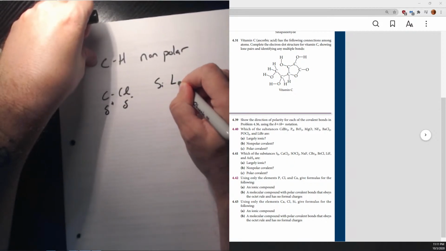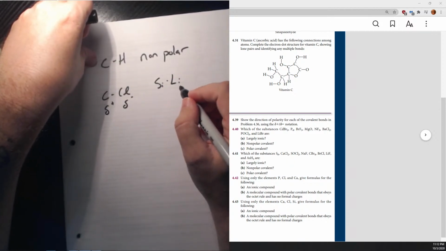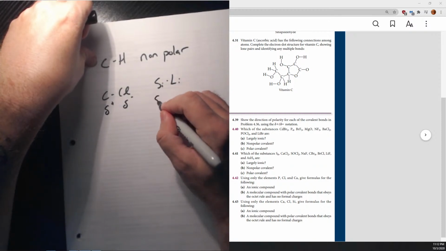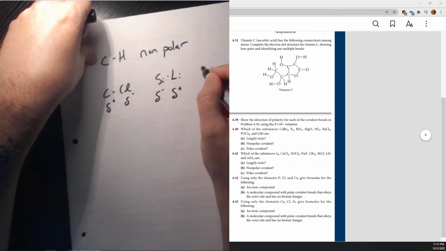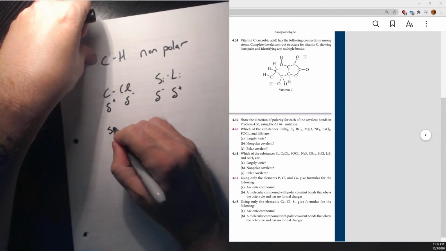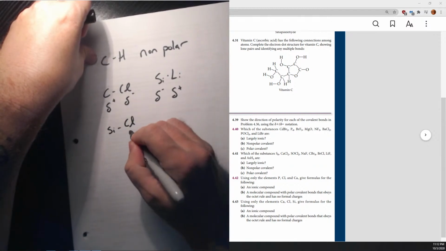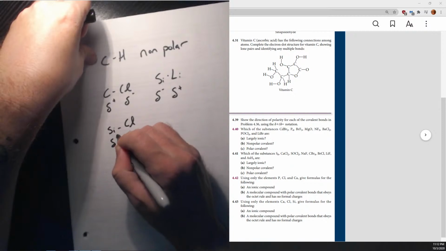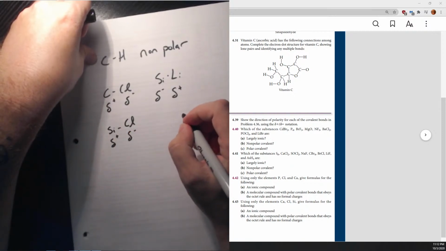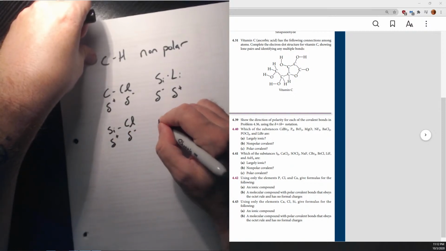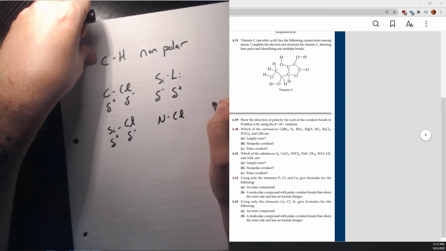Silicon and lithium. Well, that in fact would be ionic, but let's go ahead and say delta negative, delta positive. Silicon and chlorine. Chlorine is more electronegative than silicon. Nitrogen and chlorine.